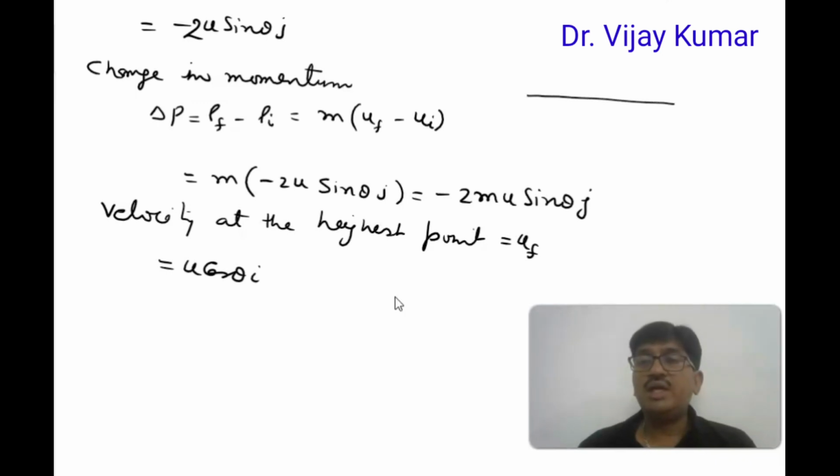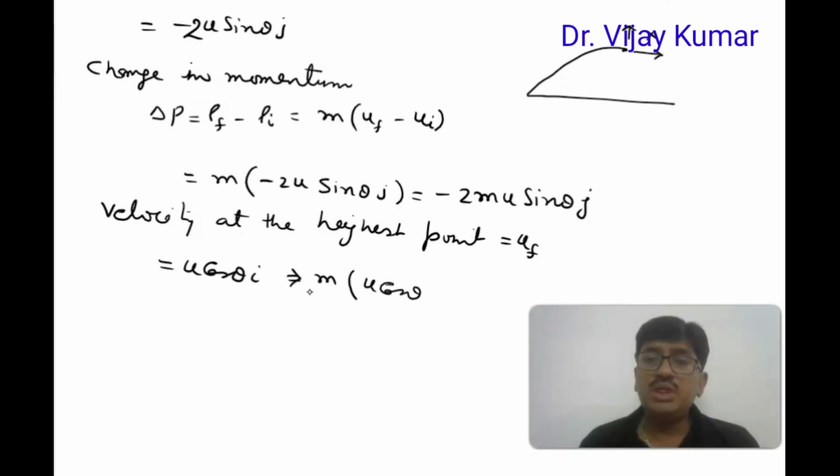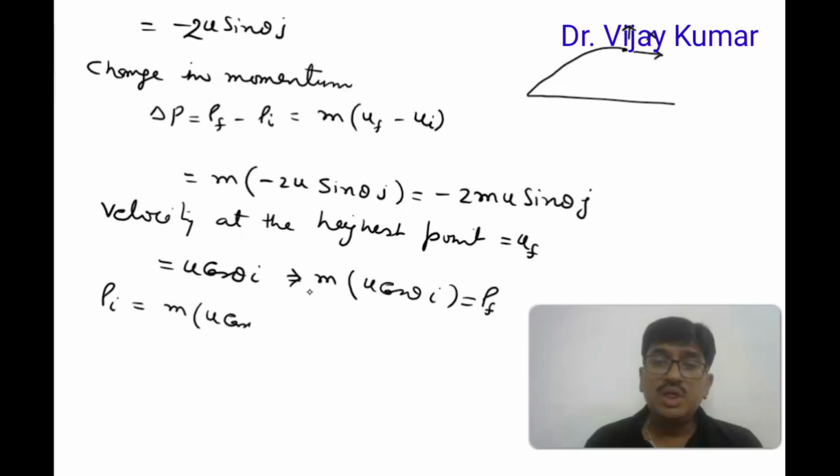We have already discussed that at the highest point, this component does not exist and only this component exists, so it is i u cos theta, and we can say m u cos theta i. This is the momentum at the highest point, and at the initial level, momentum is m u cos theta into i plus u sin theta j.